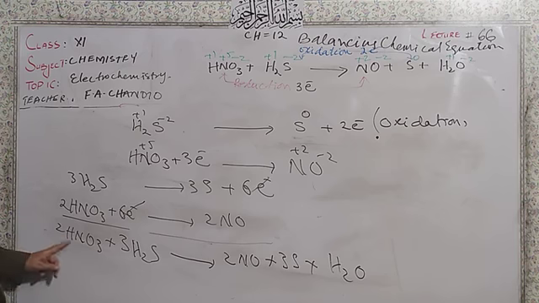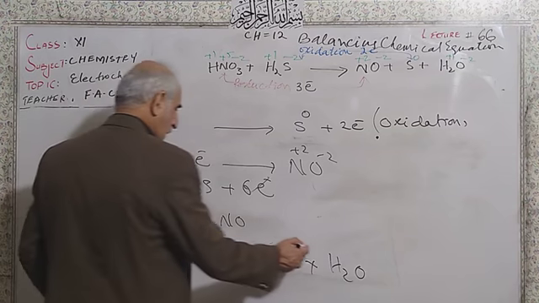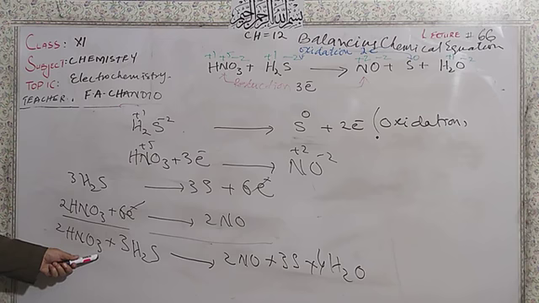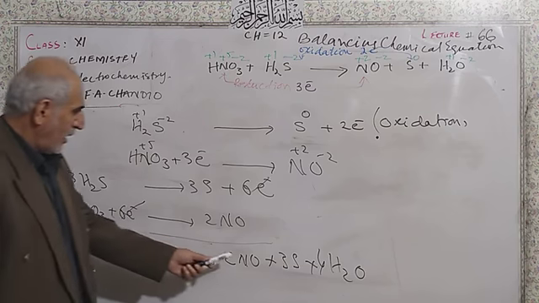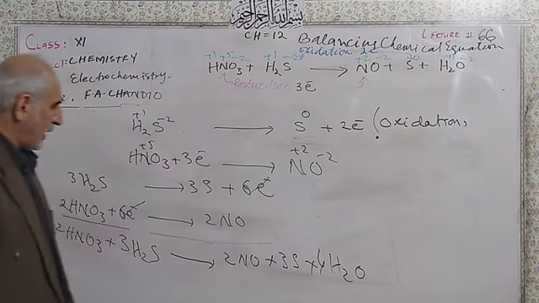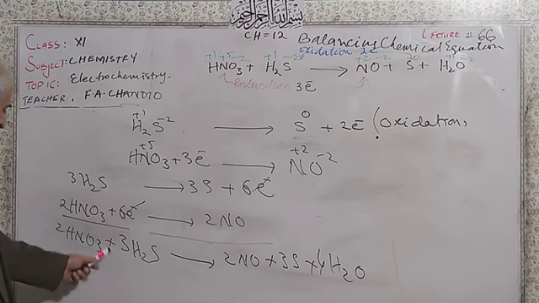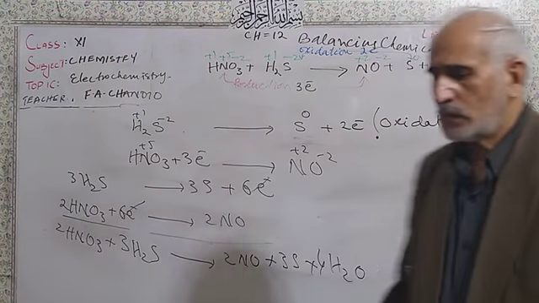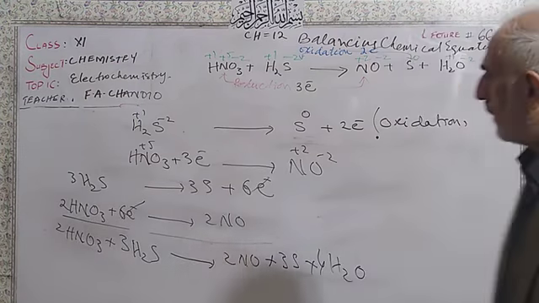There are 2 hydrogens, 2 3 are 6, 6 and 2 8. So there multiply by 4. Oxygen multiply by 3, 6 and 4 are here and 2 are here. So 6. Nitrogen there are 2 and nitrogen there are 2. Sulfur there are 3. Sulfur is balanced. This equation is balanced now.